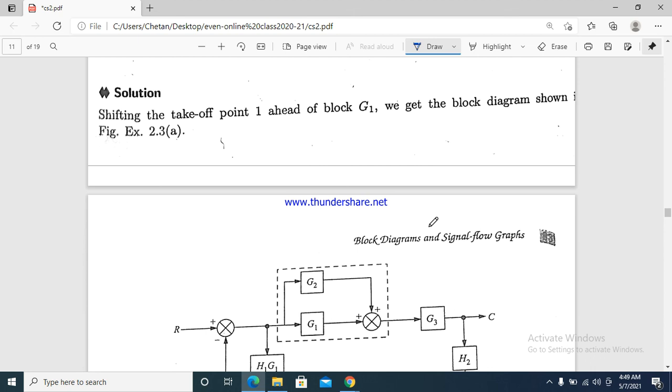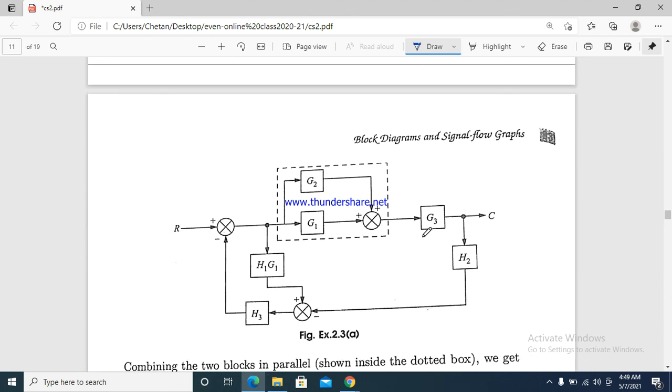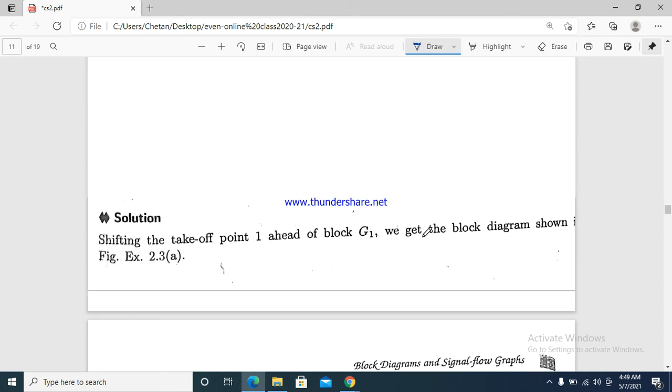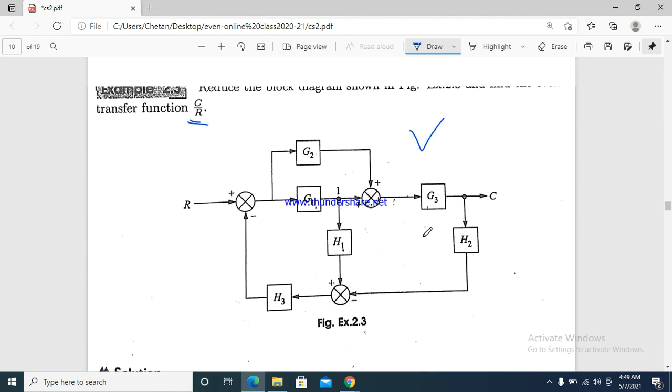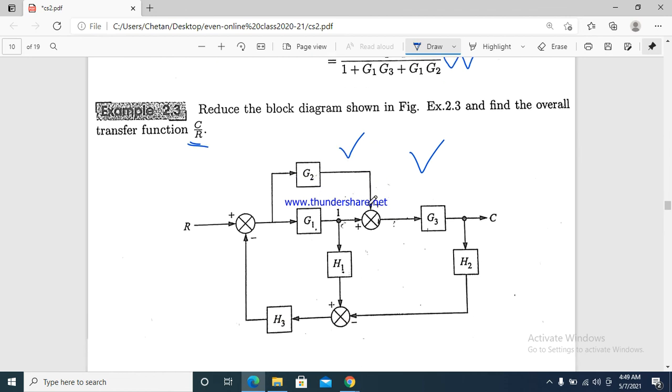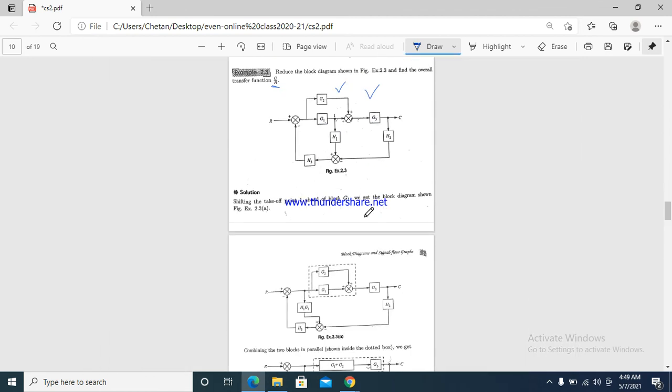You can observe what procedure they have followed to simplify this. Here it is clear that the first part they kept as it is. Next they have H1 here. You can observe H1 is present here. They have shifted H1 ahead of this block.